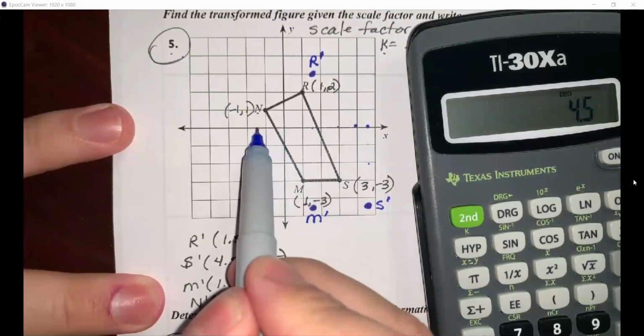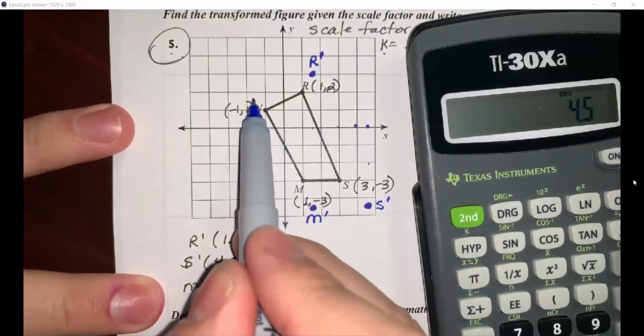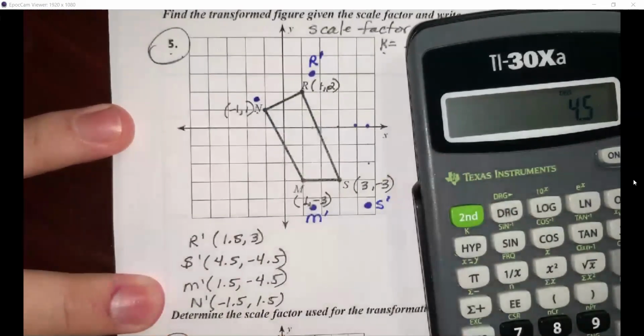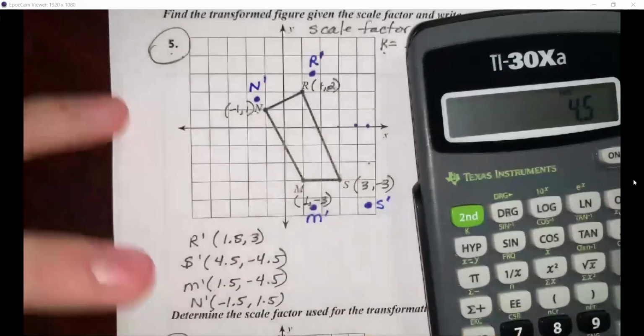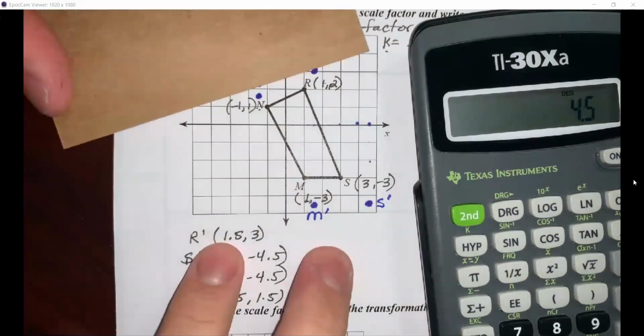So there's 1.5 to the left, and then up 1.5, right there. Okay. And then there's my new N. And then what you'll notice is, let's see if I can find the little straight edge here. I'd have a better ruler, but whatever, I'll just use this. So then I'm just going to go ahead and draw my figure.